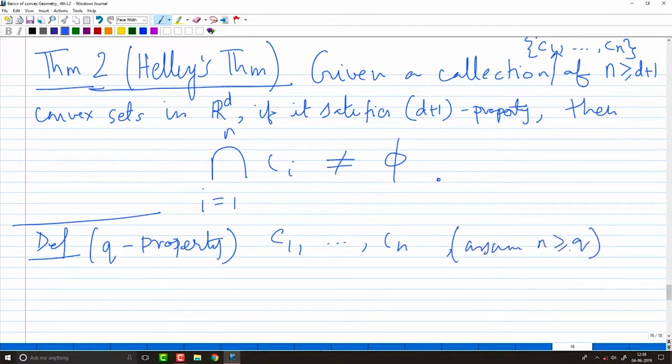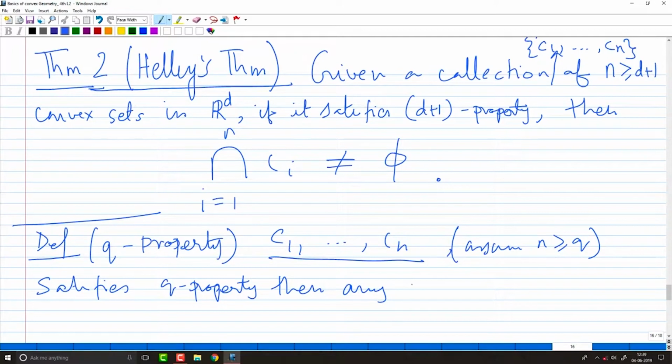I will say this set of convex bodies satisfies the q property if any q convex bodies from the set have a non-empty intersection or a common point.